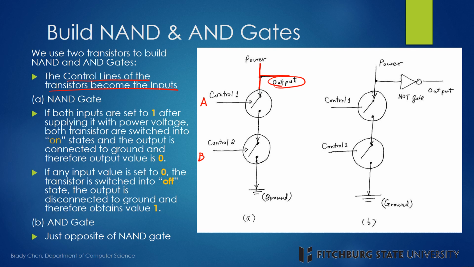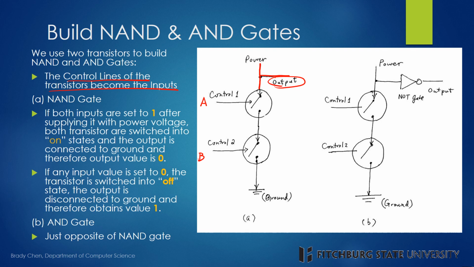Now remember, for a transistor, if we set the control line to 1, that means we connect the collector and the emitter. So we set the switch of the transistor to the on position.